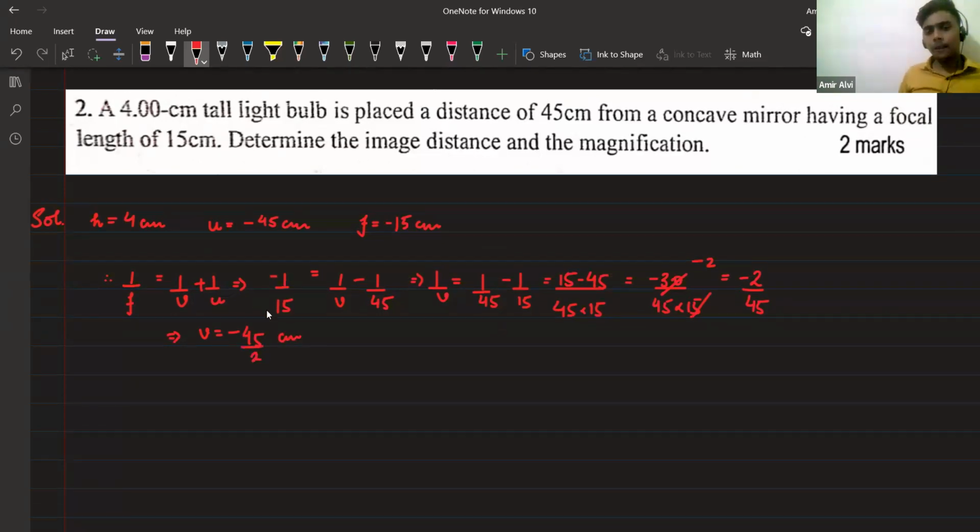Clear, everyone? So the value of V is negative 45 by 2 centimeter. Clear? Yes, sir. Sir, I calculated it in decimals. No issues. If you calculated in decimals, that's also fine.